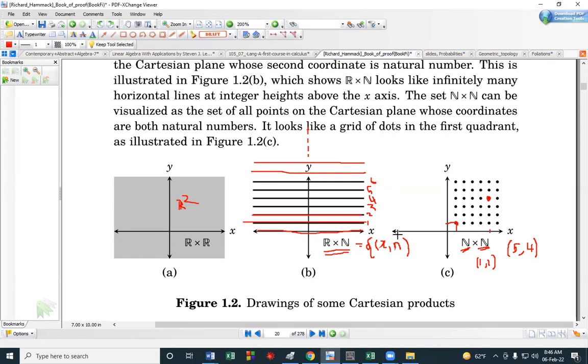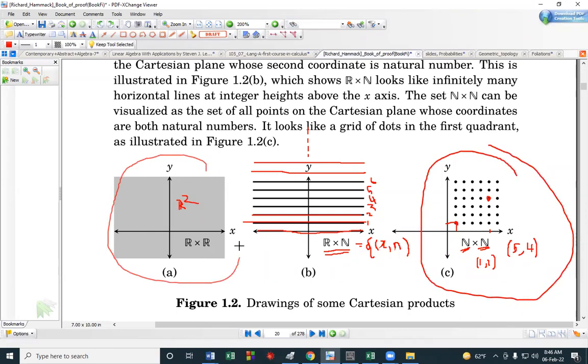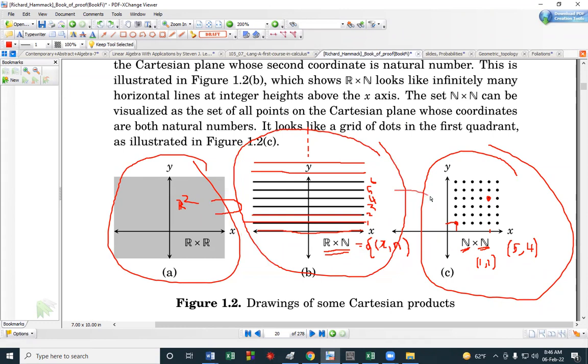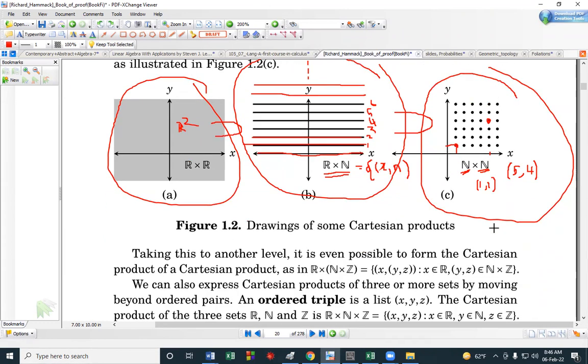So this is another geometric representation, of the set N cross N. And you see, this is a subset of R cross R because they are living in R cross R. This is also a subset of R cross R. So you can simplify it like this: this is contained here, this is contained here. So these are drawings of some Cartesian products.